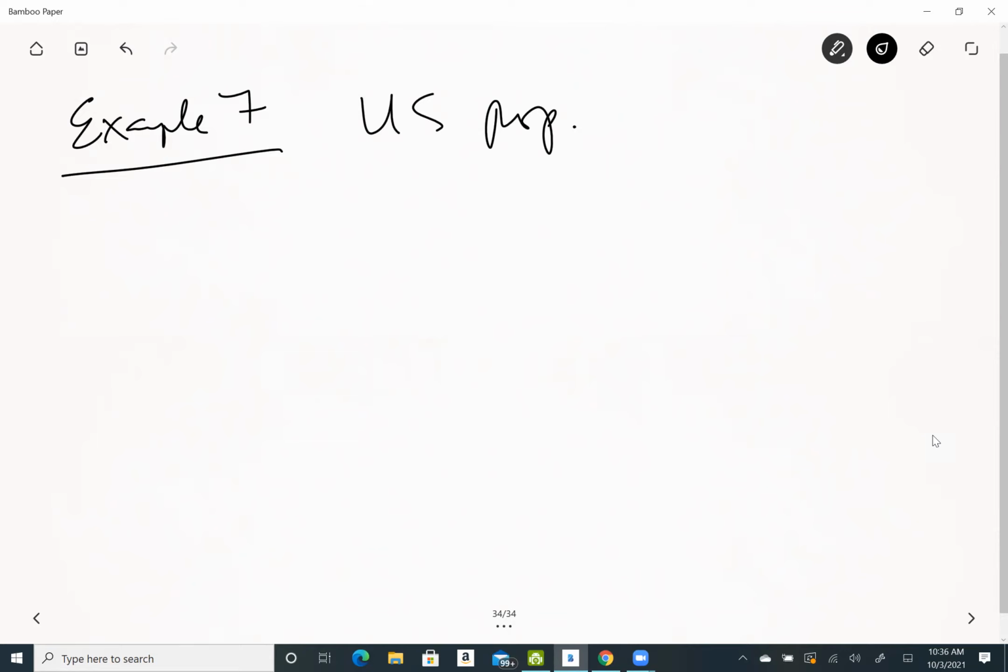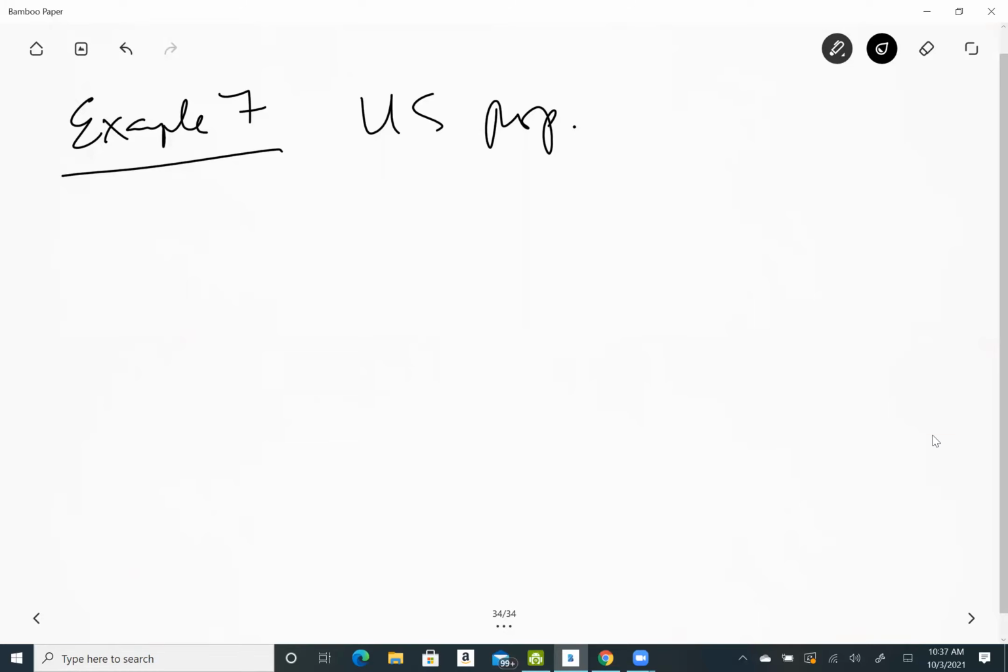Given population here, the equation is given there, y equal to something. And then y is the male population of the US in thousands. And x is the number of years after 2000. I want to focus on this one.